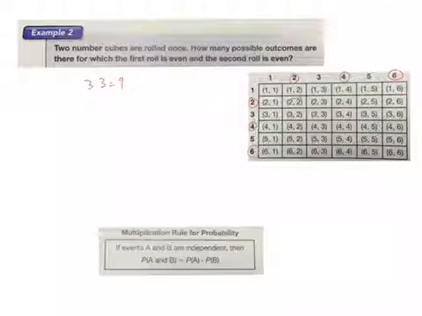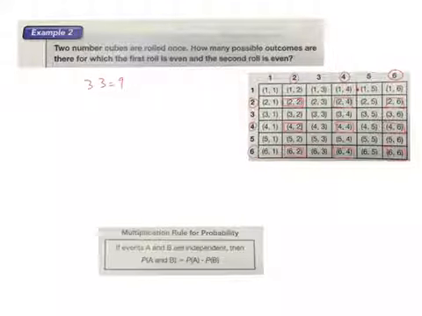Notice this one here is both even. This one here is both even, both even, both even, both even, both even, etc. If you go through, because it says, where is it? For which the first roll is even and the second roll is even. So notice, first roll is even, second roll is even.